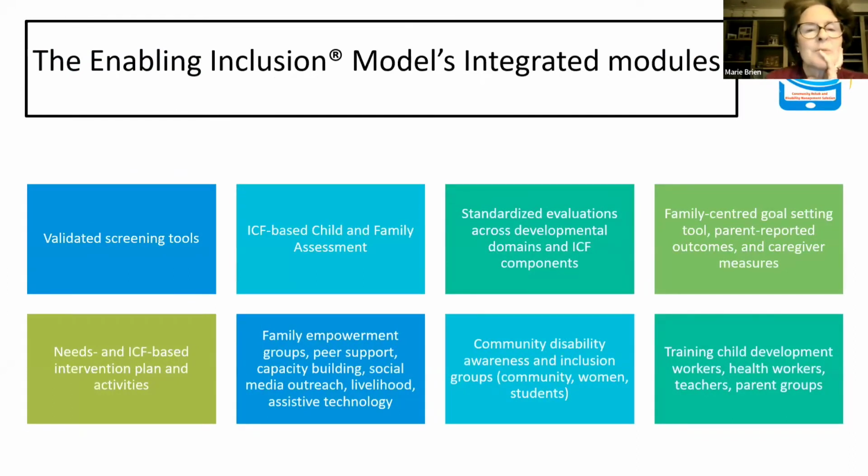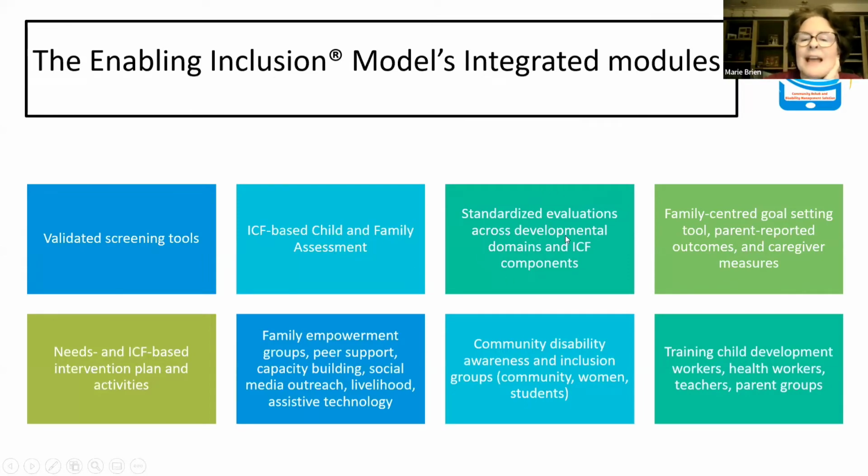So if we look at what our model includes, there are various modules, and all these modules are within the application, the app. Top left, we have validated screening tools. Then we have an ICF-based child and family assessment.